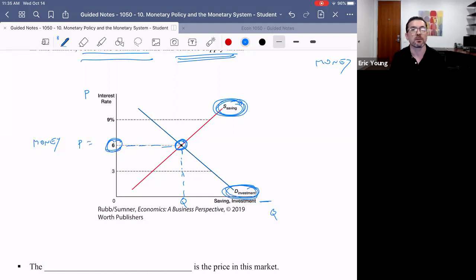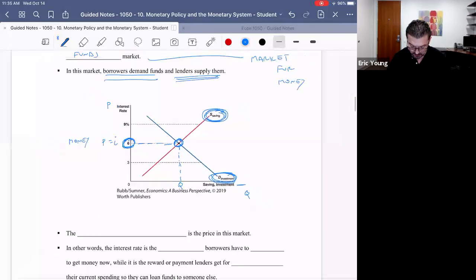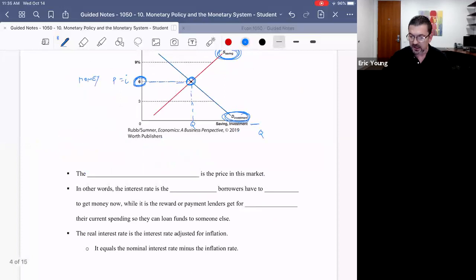You know that equilibrium leads to an equilibrium price. In this case, the price of money is the interest rate. The equilibrium of the supply and demand in the loanable funds market will generate the interest rate. That's the crucial takeaway here. Let's reduce this back down to size.